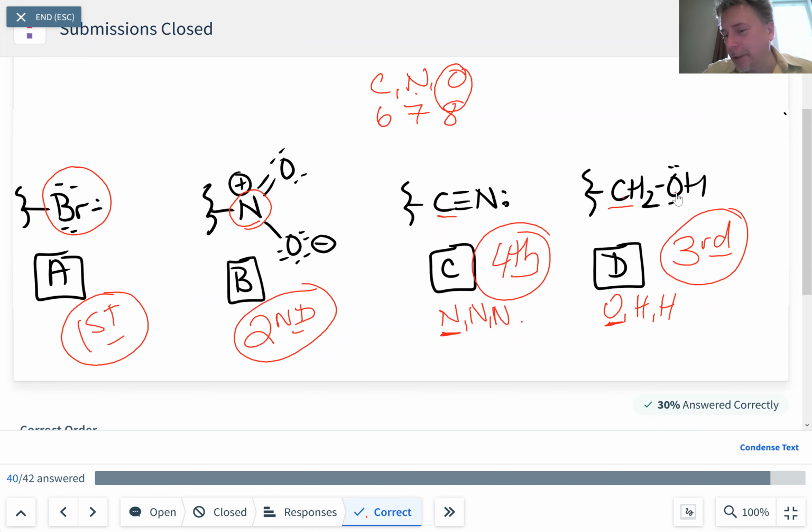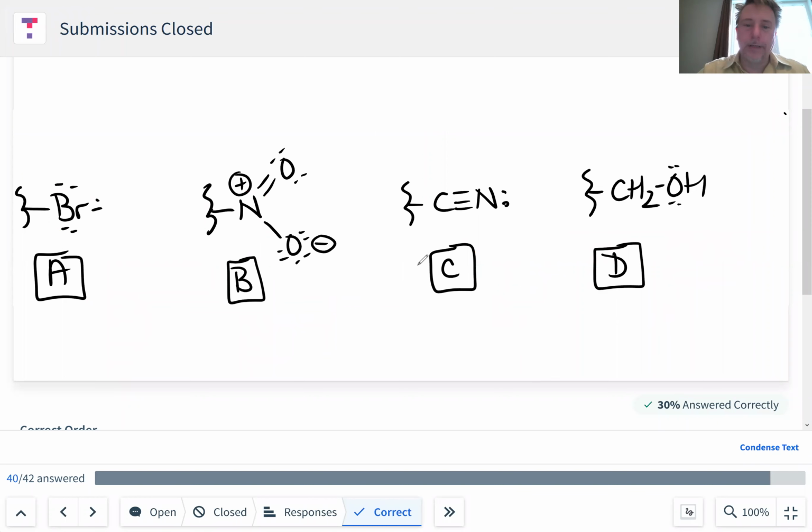But no, there's only 1 oxygen here, but it's got a higher priority than any of those 3 nitrogens. So D would be higher priority than C. Good. Okay. Now, what do we do?